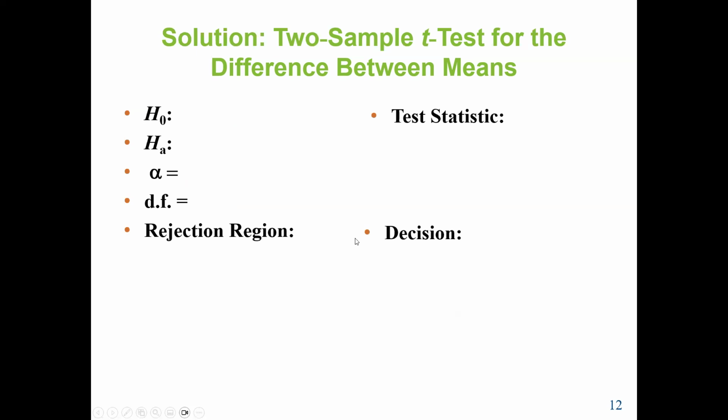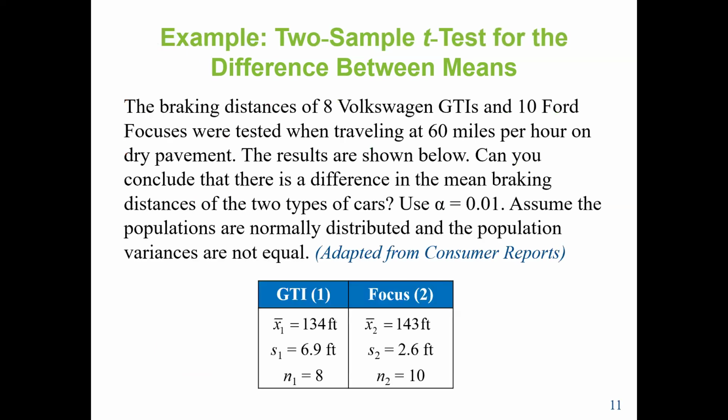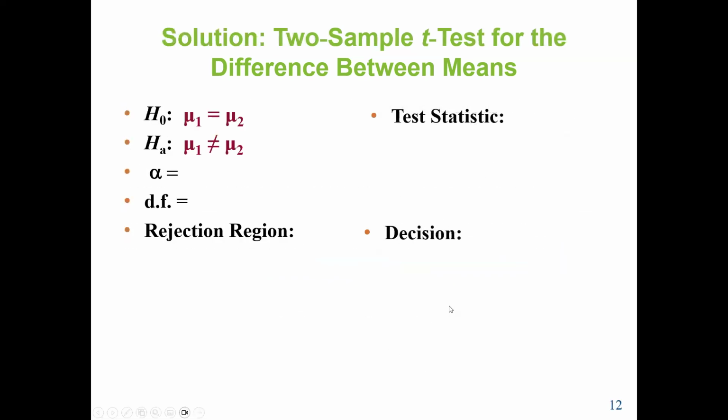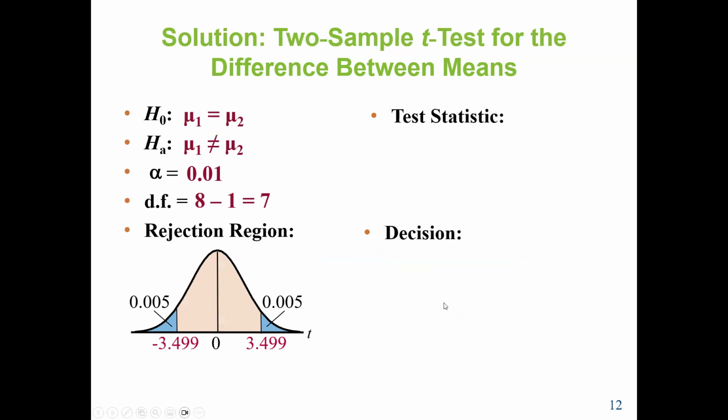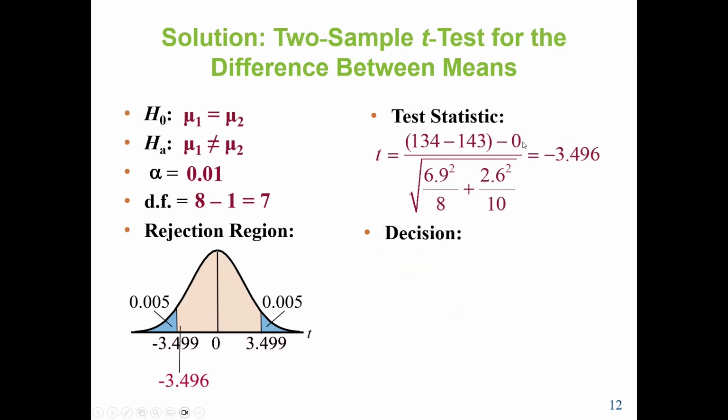Let's go back to our question. We can see the sample mean 134 for GTI, Focus 143. So those are the two sample means. So we plug in the values and we get the value to be negative 3.496. So negative 3.496 fell in the not rejection area, the brown area.